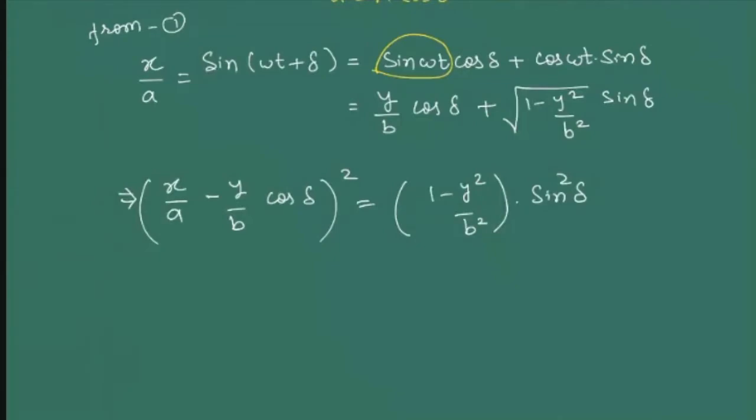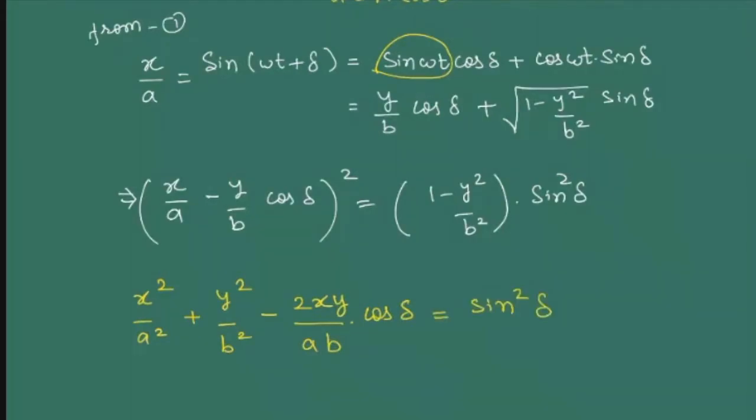So we can write that as x square by a square plus y square by b square minus 2xy by ab into cos of delta equal to, when you square this one, this will become y square cos square delta by b square, and this will become y square by b square sine square delta.